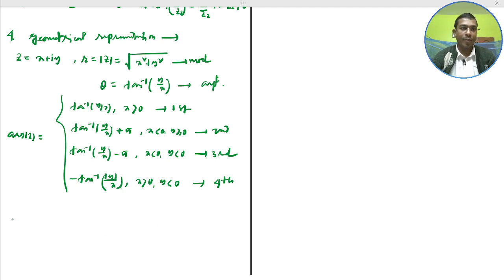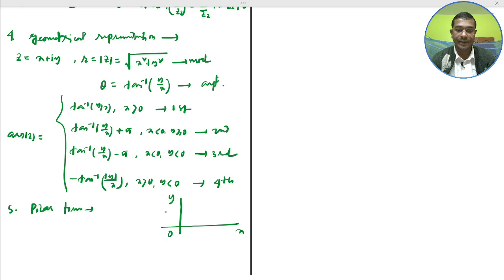Next one, the polar form of a complex number. The polar form, basically this is the origin and the x, the y. This is a point, let's say (a, b). This is r, this is theta, and this is a and b.